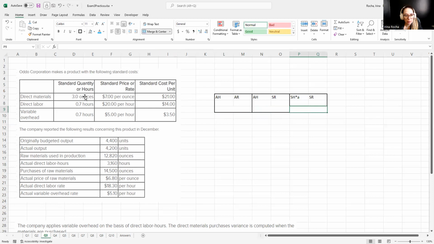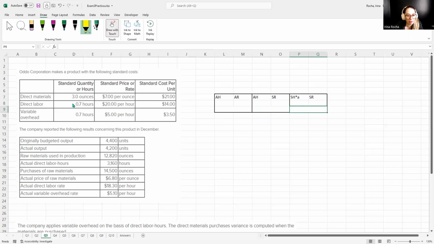So here we go. We have standard quantity of direct labor hours. We have it right there, right? We know that the standard quantity of the direct labor hours is 0.7. And the actual output was this. So I know that my standard hours allowed is how much I plan to spend in each product times my output.